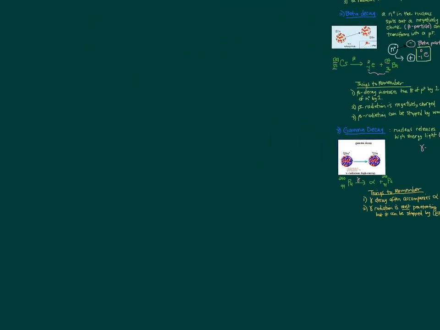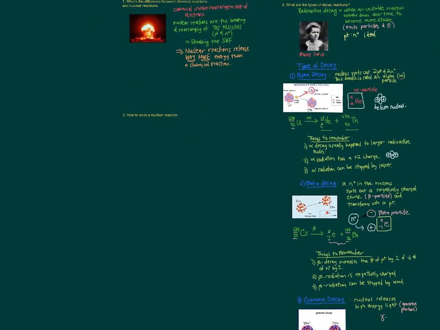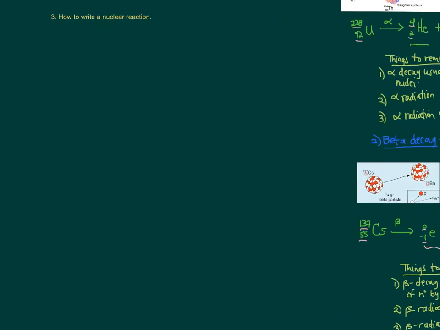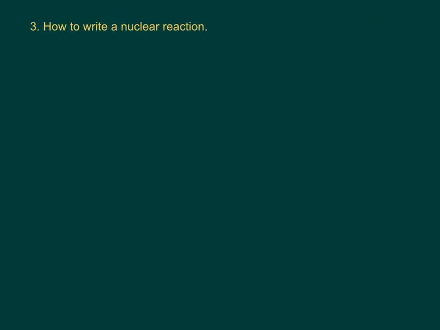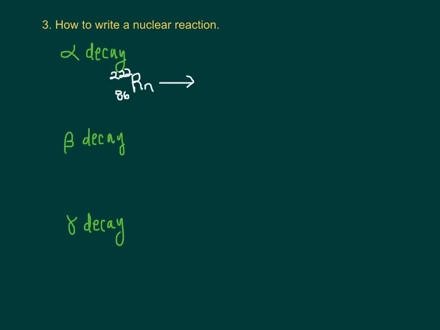Okay, so now we're going to talk about how to write a nuclear reaction equation, which you've actually already done. So I'm just going to review. For alpha decay, if I asked you to take this element, radon-222, through an alpha decay and write its products, well, you know it's an alpha decay, so you know it's going to produce an alpha particle. So you need to know that that's the symbol for an alpha particle. And then at this point, it just becomes math, because both sides of the reaction should add up to the same thing.